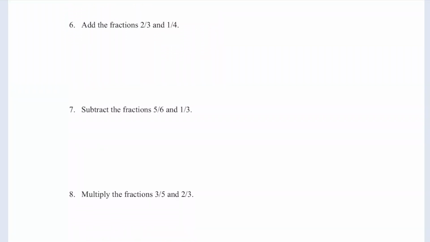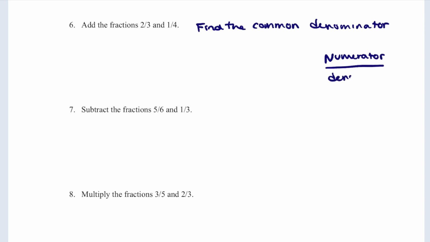6. Add the fractions 2/3 and 1/4. So the first thing we want to do is find the common denominator. Now, we know that the numerator is the number on top and the denominator is the number on the bottom. So we need to make the bottom numbers be the same. So we have 2/3 and we have 1/4.